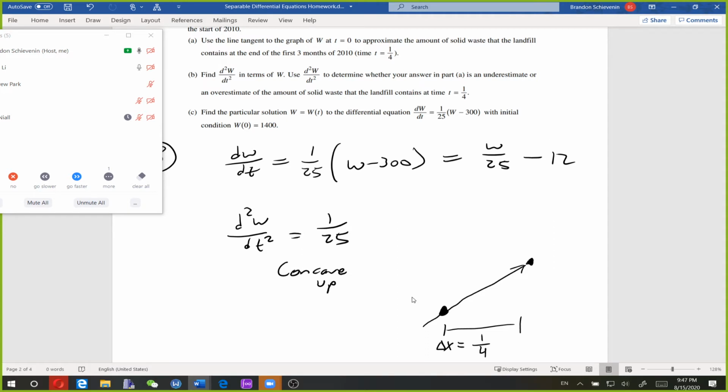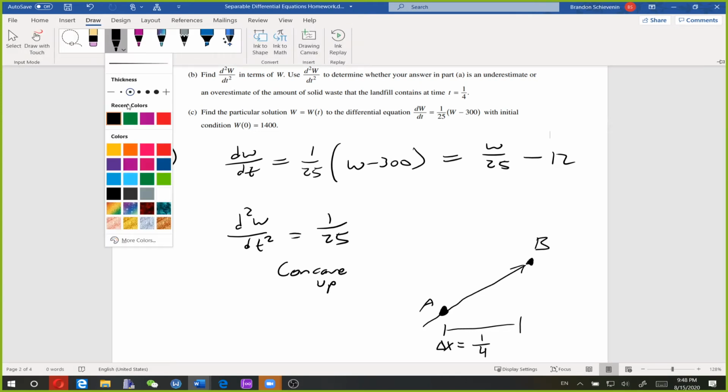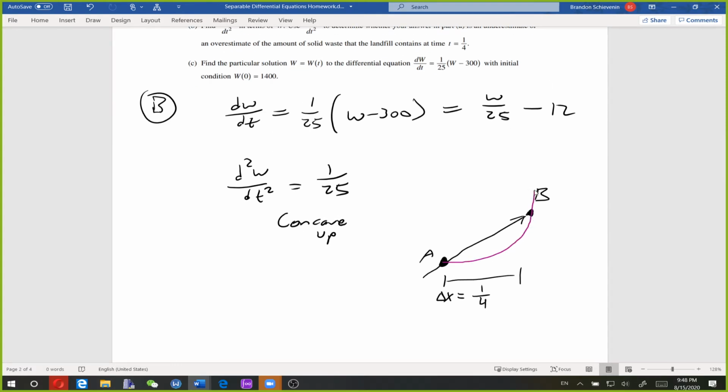So if I was concave up, and I want to get from point A to point B, something like this, where in pink is my actual function, in black is our estimate that we had for part A. Do you think our estimate is going to overestimate or underestimate?